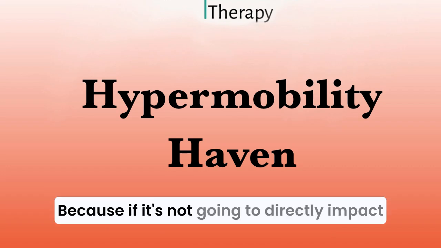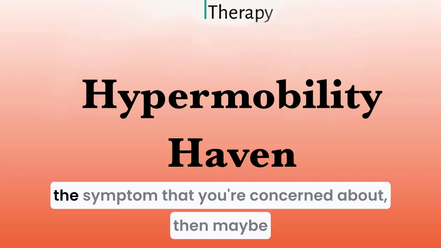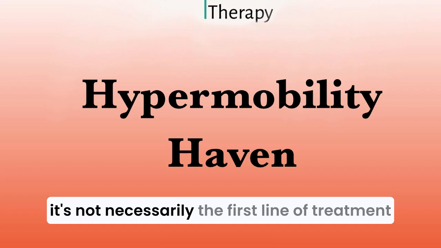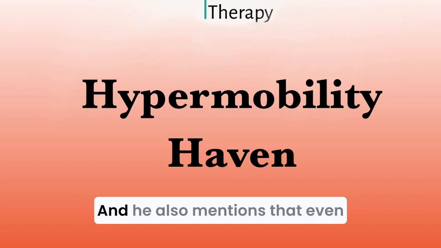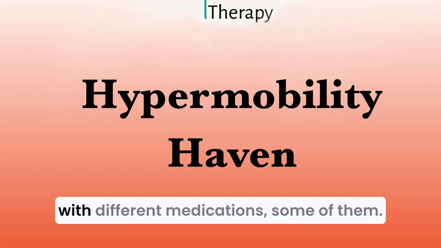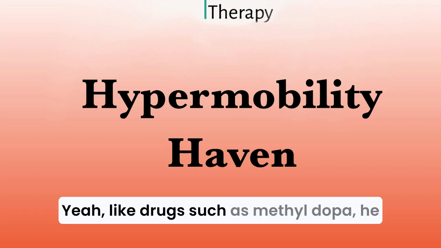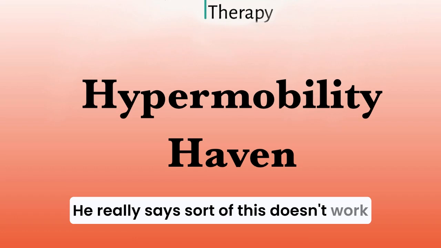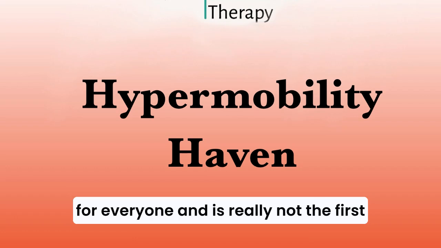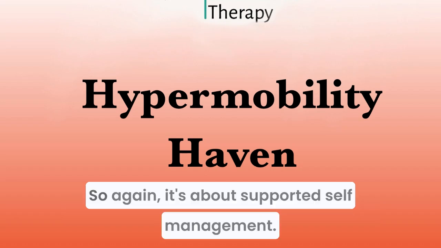Because if it's not going to directly impact the symptom that you're concerned about, then maybe it's not necessarily the first line of treatment to go to neurosurgery, for example. And he also mentions that even with different medications, some of them, like drugs such as methyldopa, which can decrease sympathetic outflow, this doesn't work for everyone and is really not the first line of treatment. So again, it's about supported self-management.